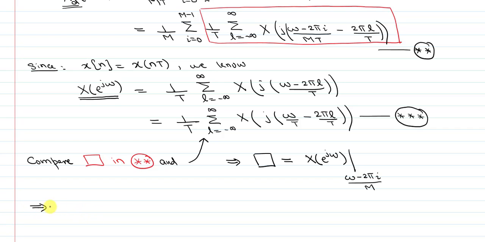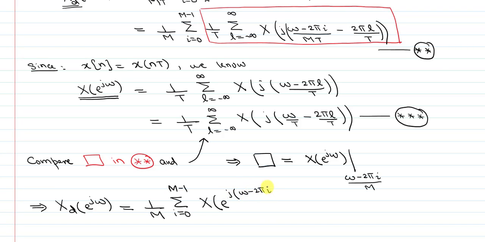This means that X_d of e to the j omega is going to be equal to 1 over M summation i from 0 to M minus 1 X of e to the j omega minus 2 pi i over M. So this is the relationship that we were interested in deriving.